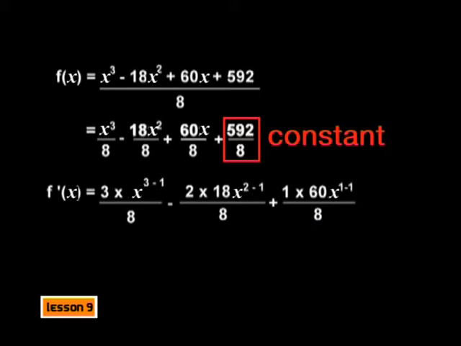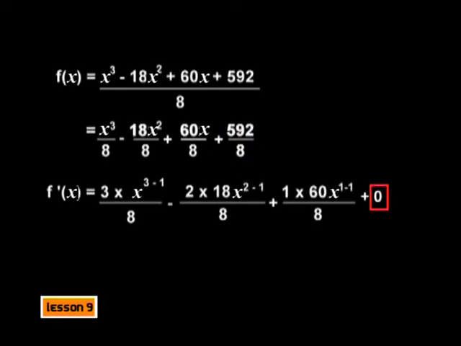And finally, I have this constant, and the derivative of any constant is 0. So I can simply write plus 0. Let me tidy all of that up.